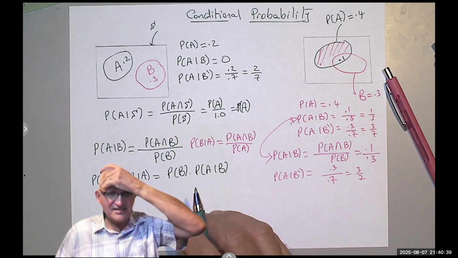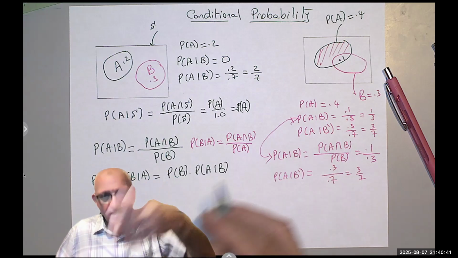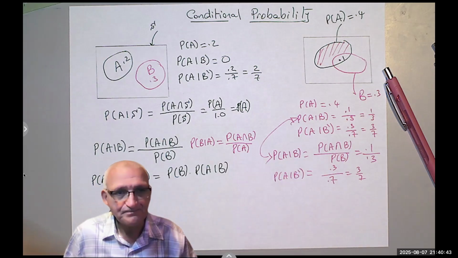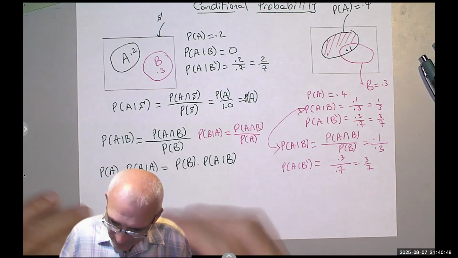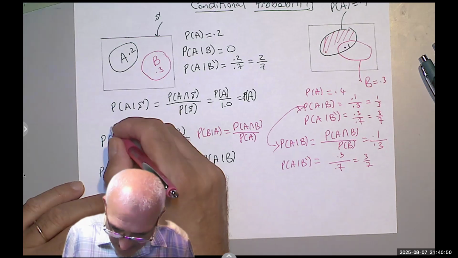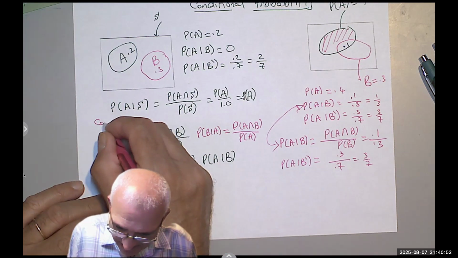And you say, does that help? Yeah, I will give you some examples to see. But before I do that, we already know that this is the conditional probability.